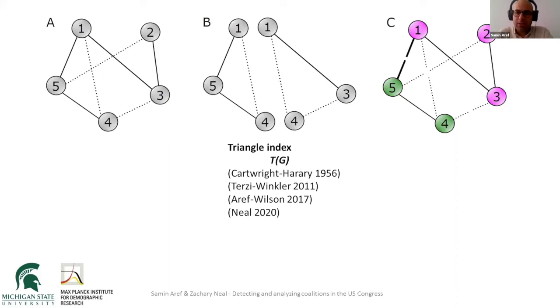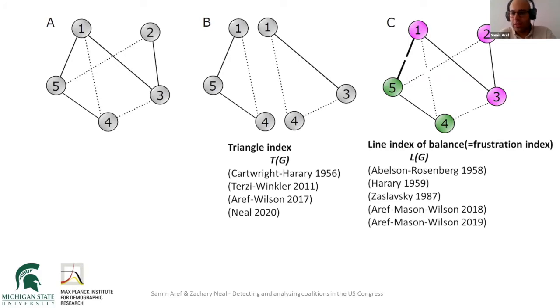When we get this optimal partitioning, then we would see that in this example, there's only one edge that is inconsistent with what we expect. The edge 1, 5 is positive, but between the two groups, which are shown by two different colors. And this gives us the line index of balance.